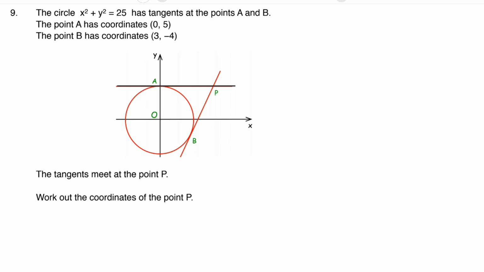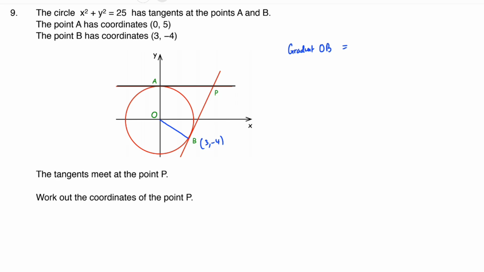So to do that, we need to think about the radius out to that point. So the radius is OB. So let's try and get the gradient of OB. The gradient of OB will use the coordinates of B. B is (3, -4).